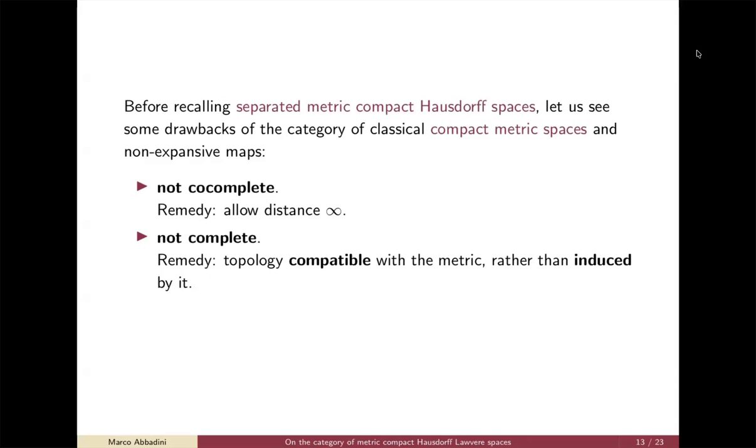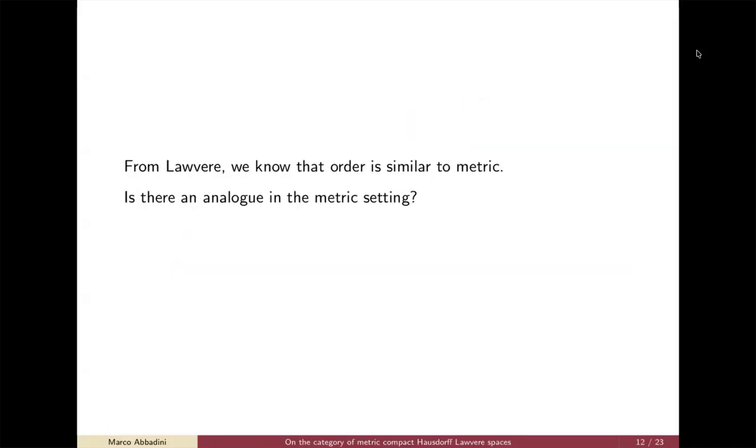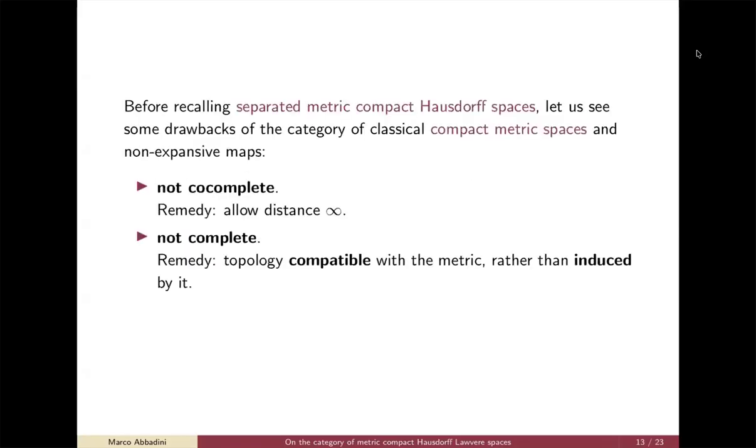But in order to advertise also these structures, let us see some drawbacks of the category of classical compact metric spaces. There's a category of these metric spaces whose induced topology is compact. If you take as morphisms non-expansive maps, this category is not cocomplete.